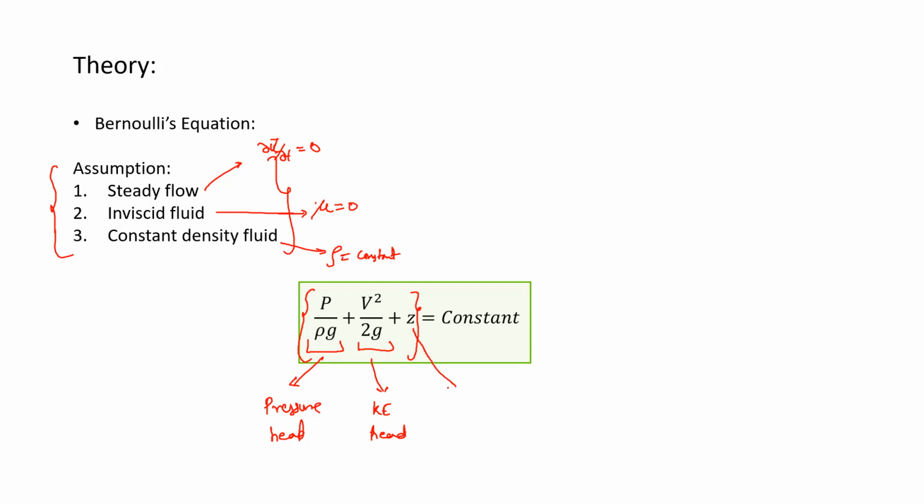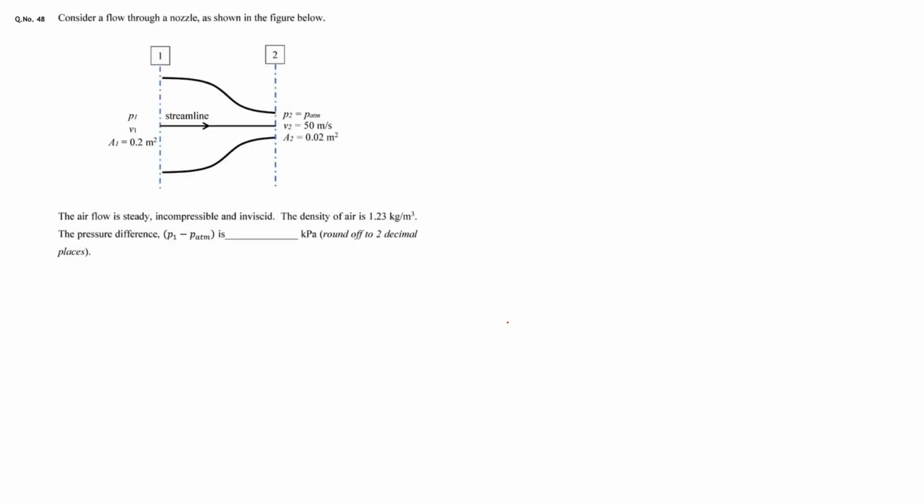And this z is the potential head. So the sum of these three terms is conserved when we talk about Bernoulli flow, and that's all you need to know in order to solve this question. So let's look at the solution quickly.